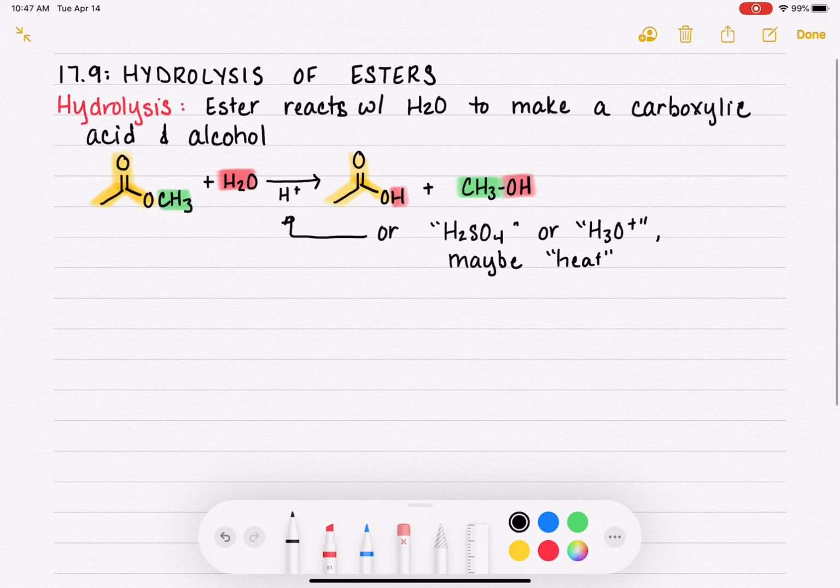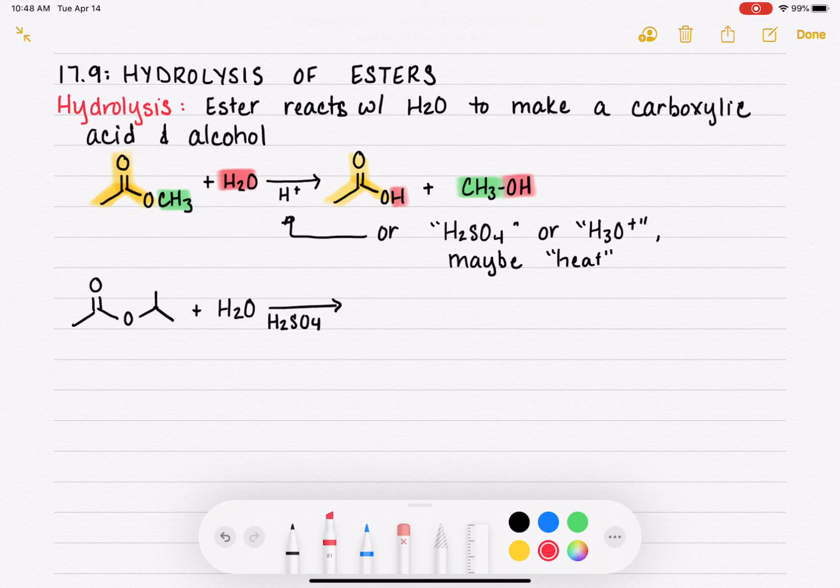Let's practice a couple. This time let's write H2SO4 under the arrow. Okay, so how are we going to approach this? What will our strategy be?